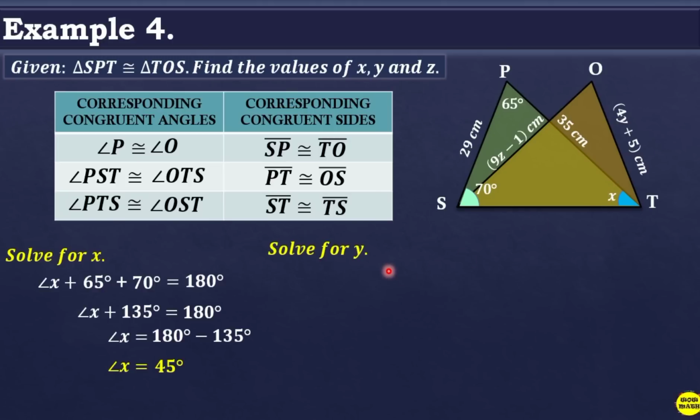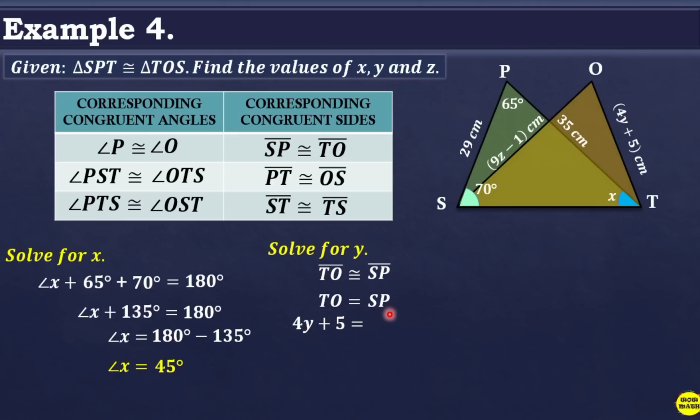Next, let us solve for Y. So, your Y, ito po yung Y natin, yung side TO. Okay? So, your side TO is congruent to side SP. Ito po siya. Side TO is congruent to side SP. Therefore, they are equal. So, kunin natin yung side TO. We have 4y minus 5.